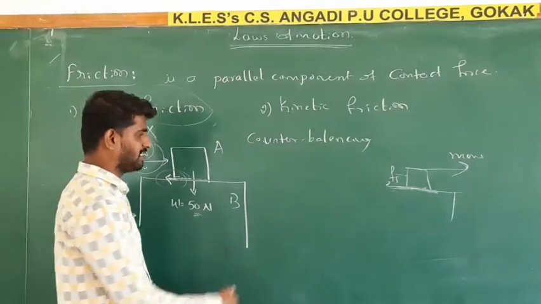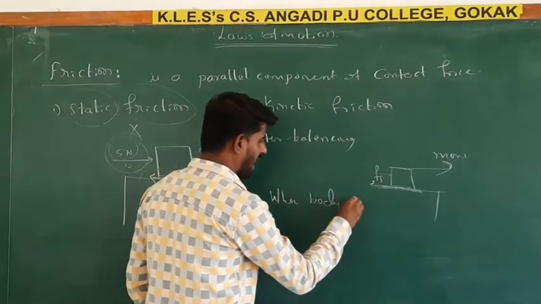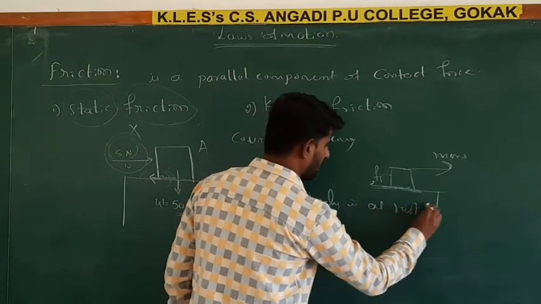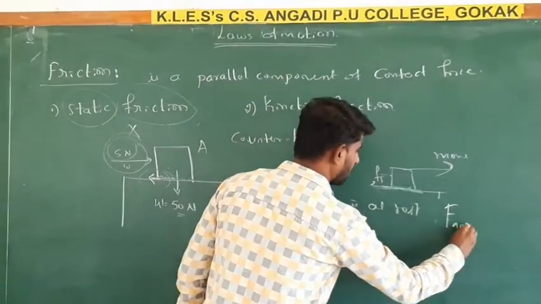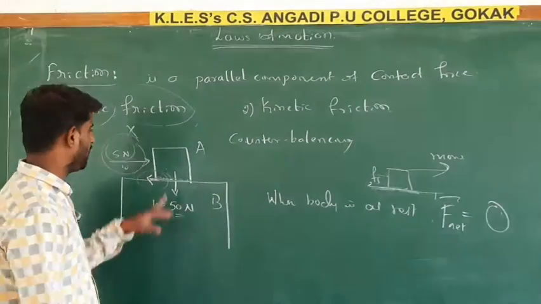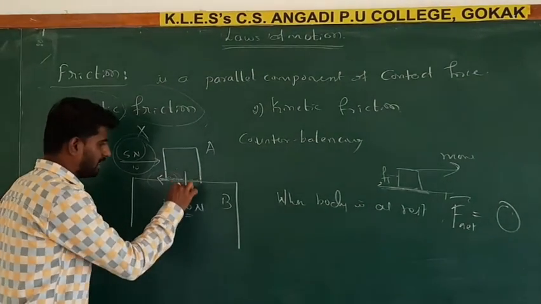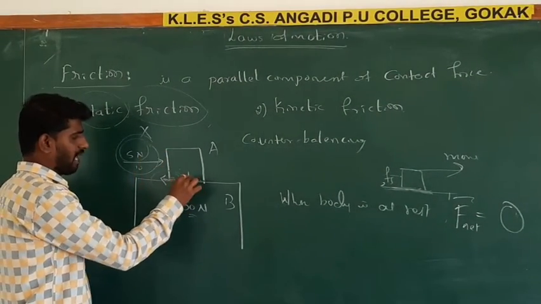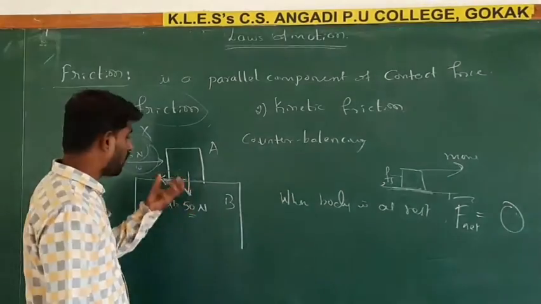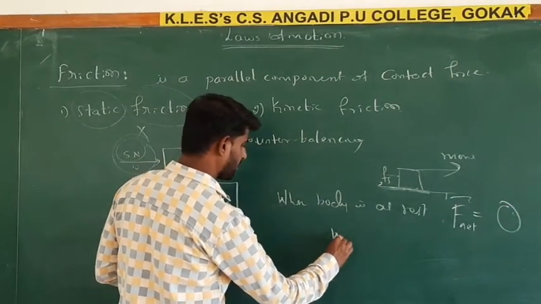Whenever the body is at rest, it means the net force must be equal to 0. Okay, how many forces are acting on this body now? The first one is very simple. It is having a downward force, so that is its weight. We call this the weight.